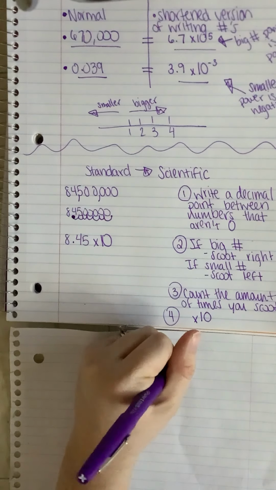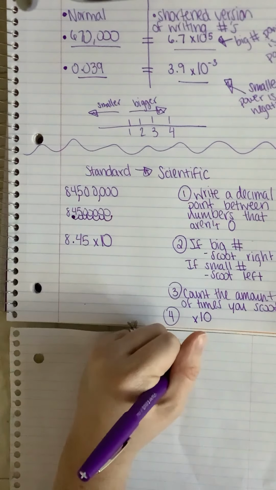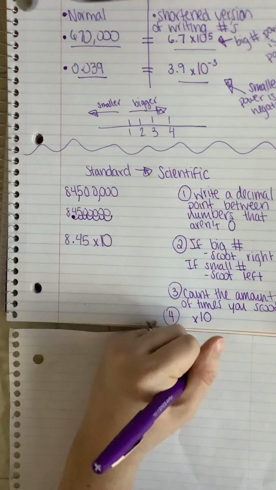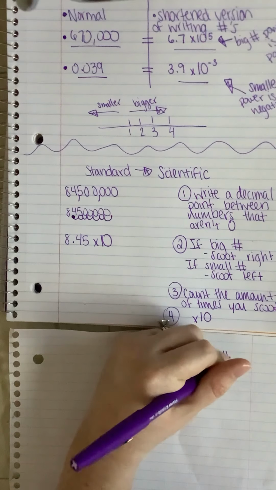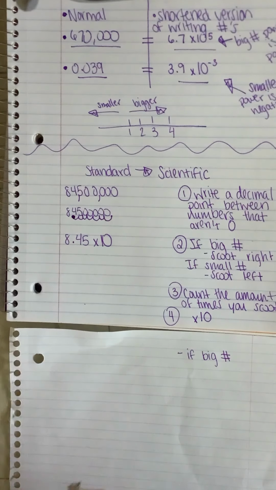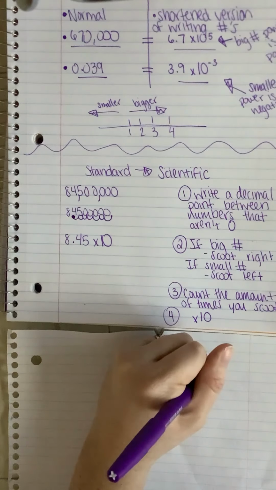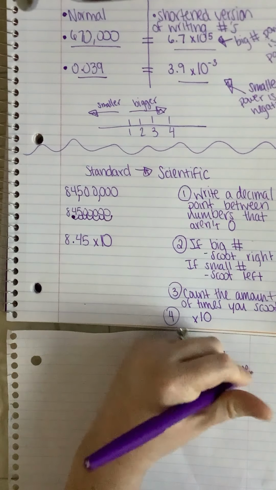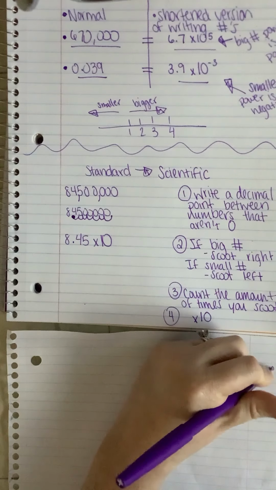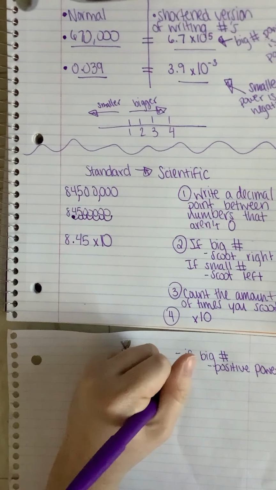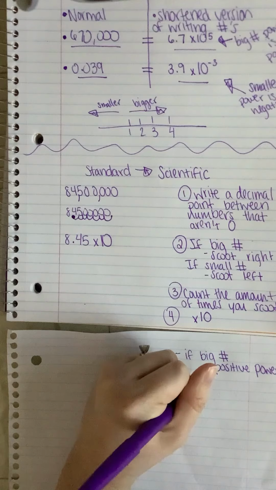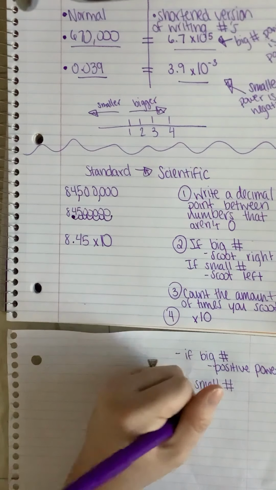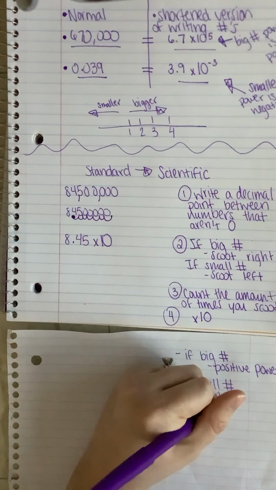So if my number was big, my power is going to be positive. And if I have a small number, I'm going to have a negative power.